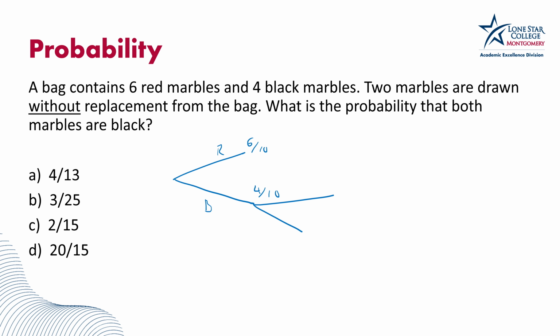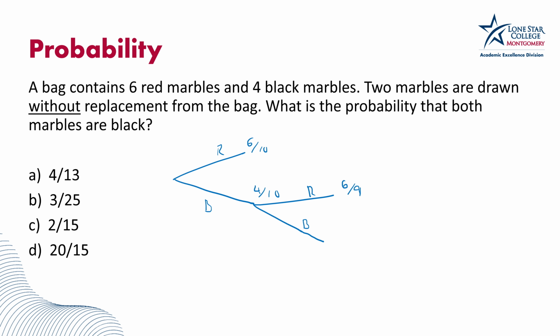without replacement means when we pick the first marble out, we don't put it back in again. So the total number of marbles is reduced by 1. If you pick the black marble first, then on the next draw you still have 6 red, but only a total of 9 marbles to choose from.